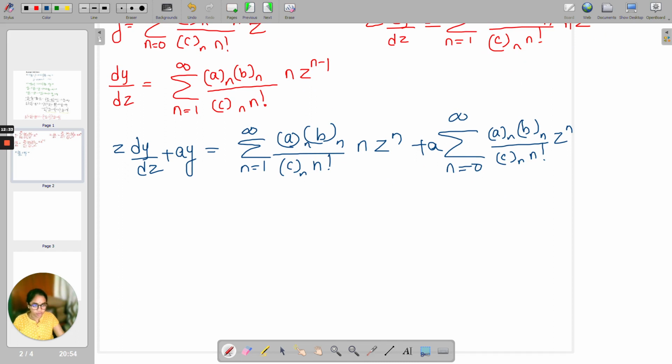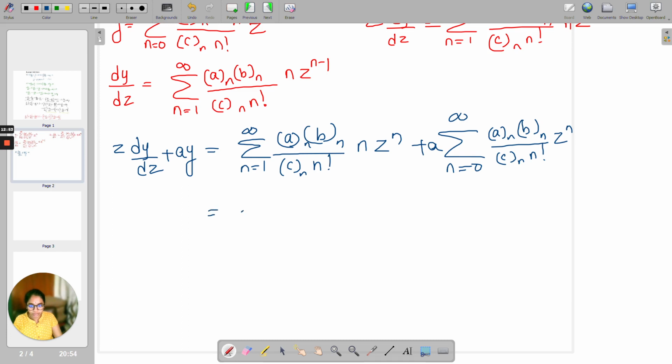So what is a at 0? It is 1. What is b at 0? It is 1. Right. What is c at 0? That is also 1. What is 0 factorial? It is 1. What is z power 0? That is also 1. So this whole term becomes 1 when n is equal to 0. So we would get only this term a. Yes.